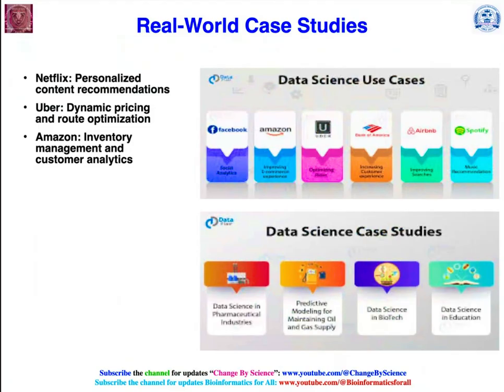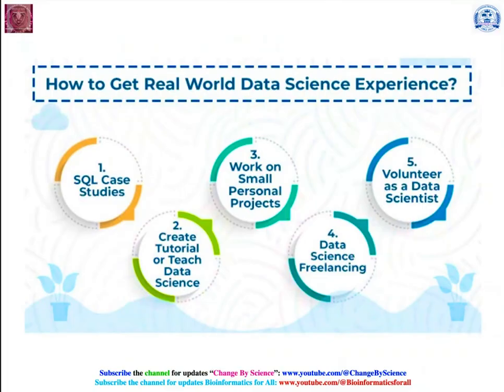Now, after you are introduced to the different phases of the data science life cycle, basics of biological data science and data science, you need to understand how to get real-world data science experience.